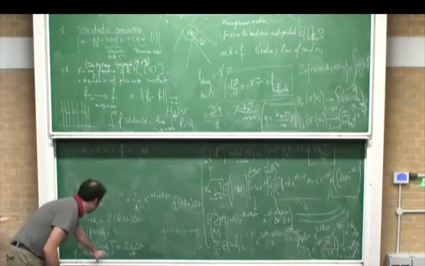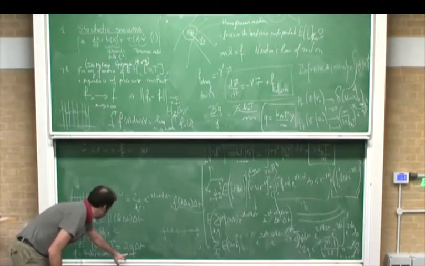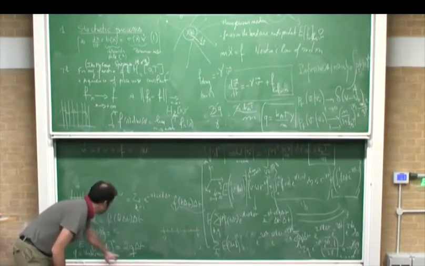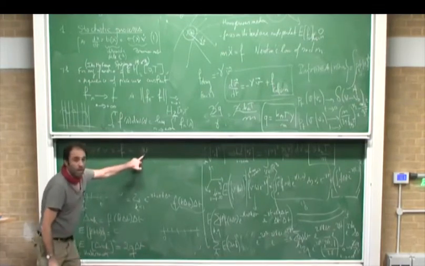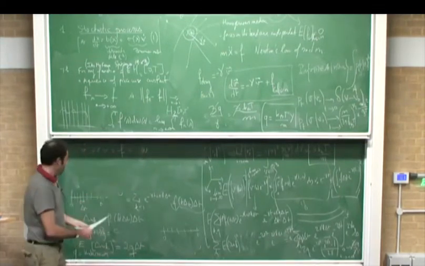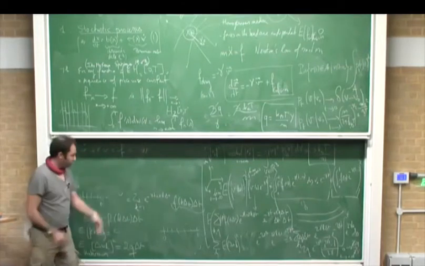Omega dot has a variance 2q. So if now this omega has variance 1, what do I need here?